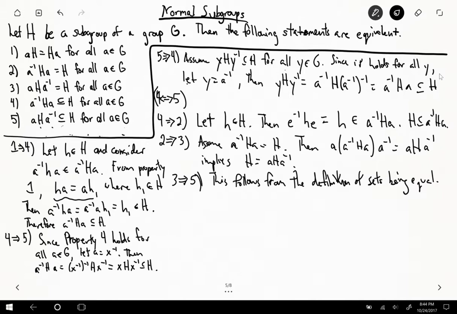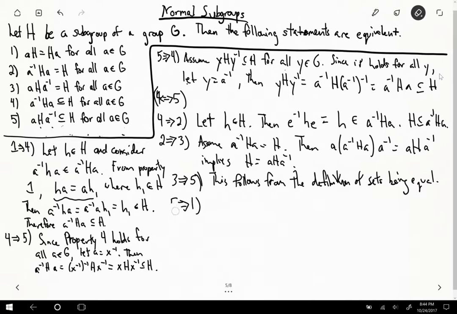So let's take a look at 5 implies 1. We want to try and show that if you have containment here, well, actually we could work it another way.